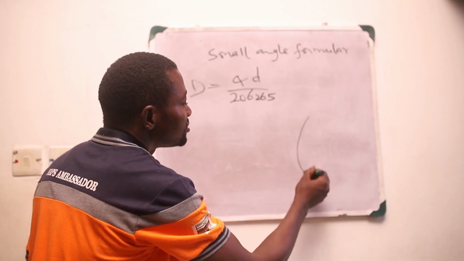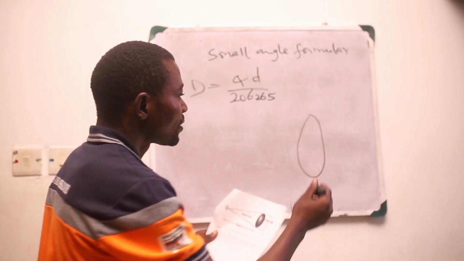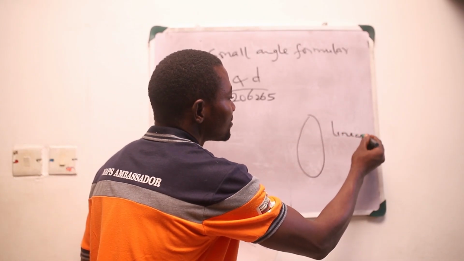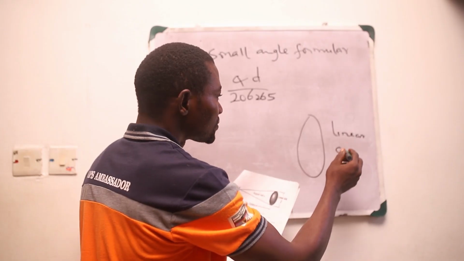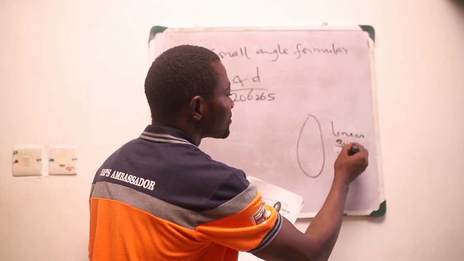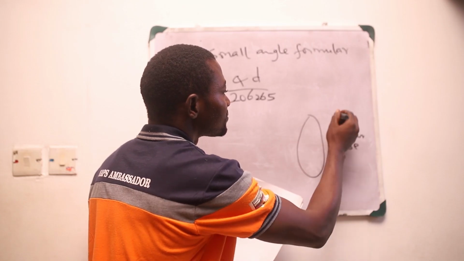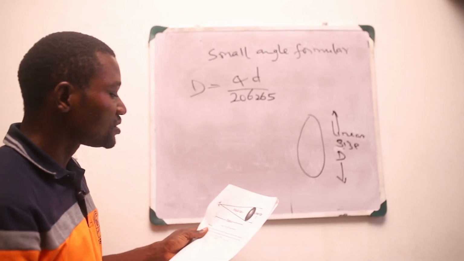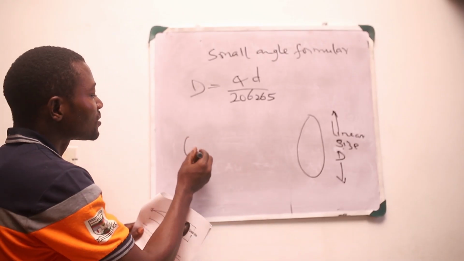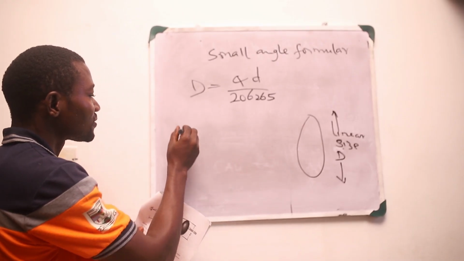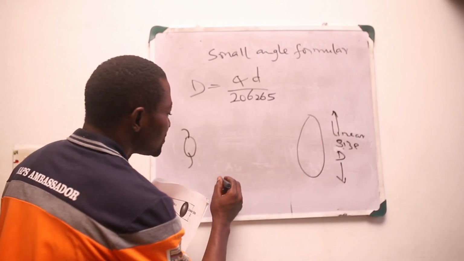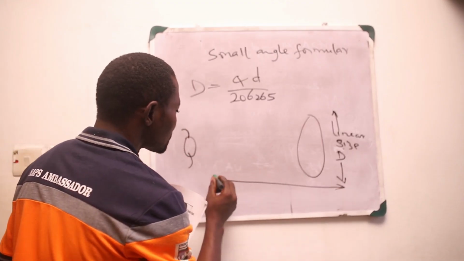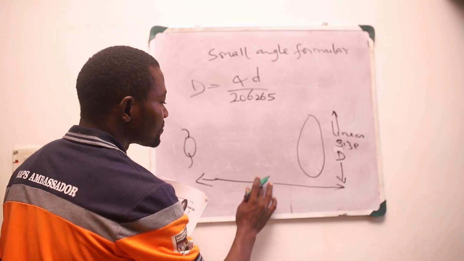Assuming you have an object here with linear diameter, linear size, d, and you have an observer at a point here, at a distance d.